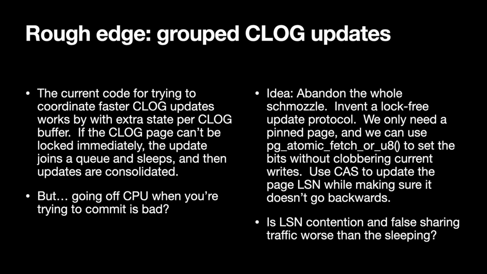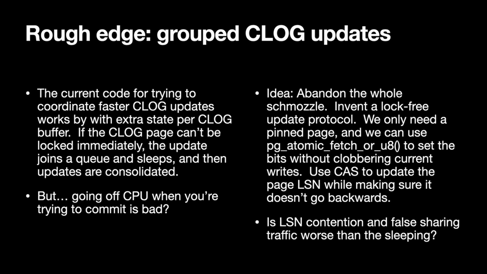But there's a mechanism for doing grouped updates. If you've got huge numbers of sessions running concurrently, all trying to commit loads and loads of transactions that are most likely on the same page if they're short transactions, in a pgbench type workload or OLTP of any kind, with very short-lived transactions.